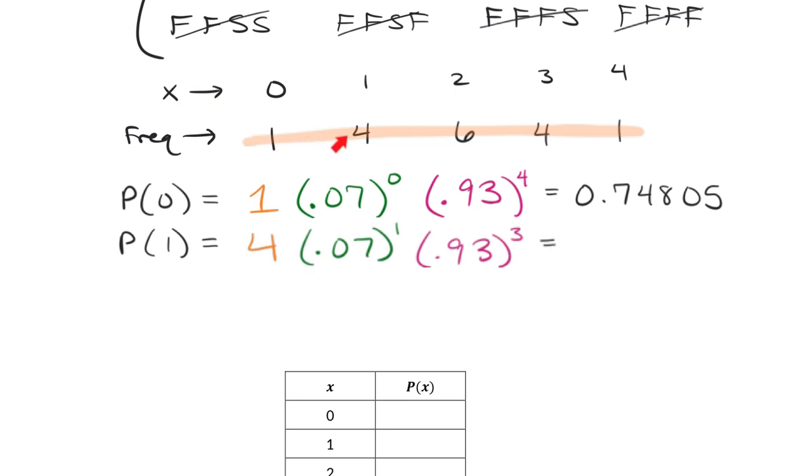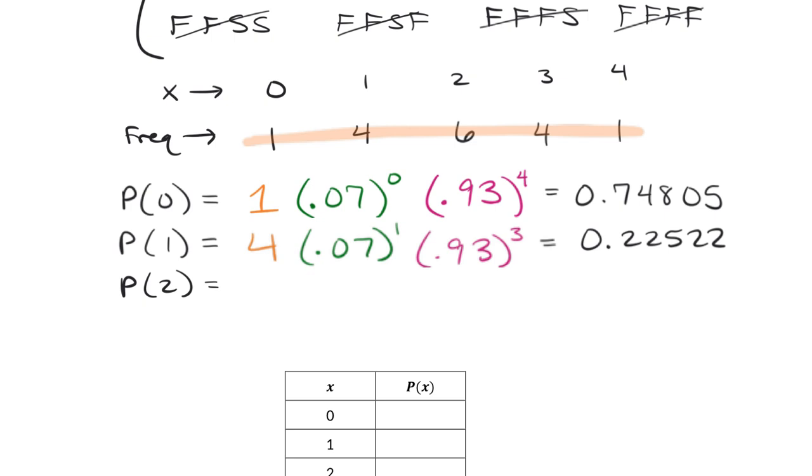I'm taking my frequency number, multiplying by the probability of success times the number of successes, and the probability of failure times the number of failures. I trust you to be able to type things in a calculator, so you get 0.22522.